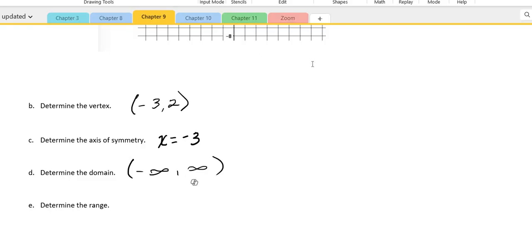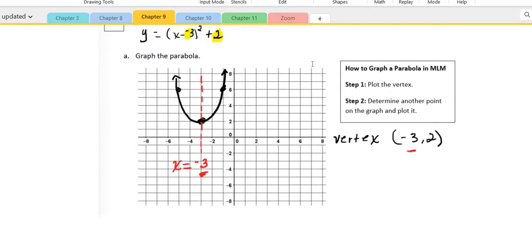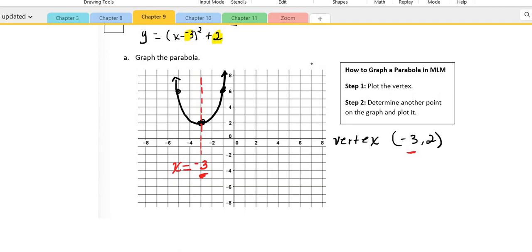Now the range is bottom to top. So how far low do I start and how far up do I go? Well, how far low I start in this problem is 2. And this range is always going to be associated with this y value here.